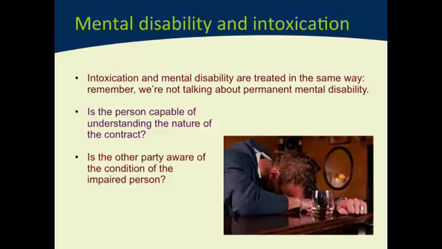Now, under those circumstances, we don't really need to worry about these rules of capacity, because the person with a mental disability themselves is not going to be engaging in the contracts. What's going to happen is that somebody else who has full capacity will be contracting on their behalf.